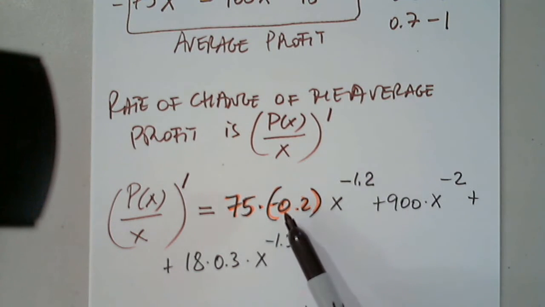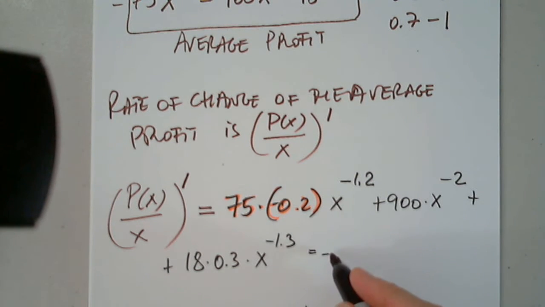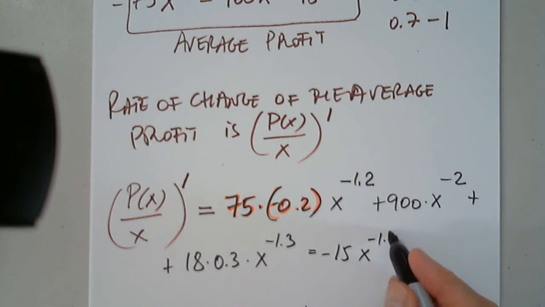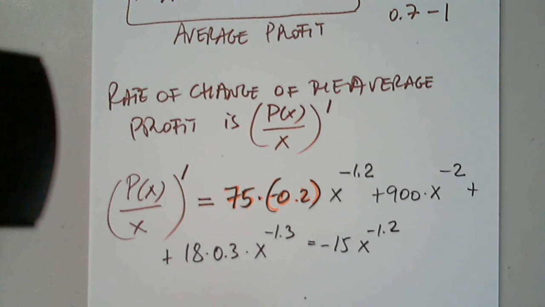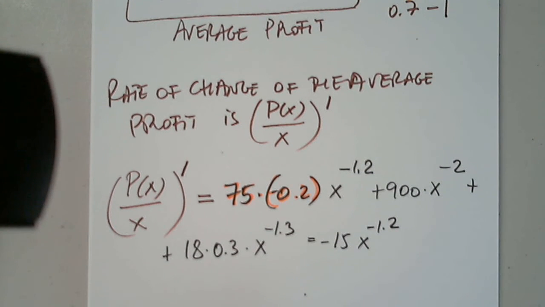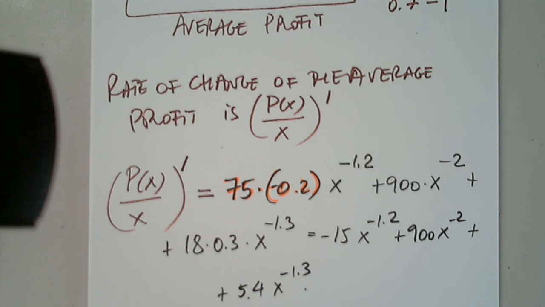So this is 150. So negative 15, x to negative 1.2. This is just 900 x to negative 2. And this is what? 5.4 x to negative 1.3. So I multiply these two and I got this.